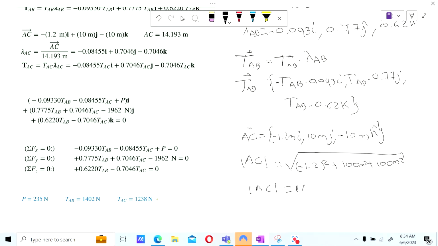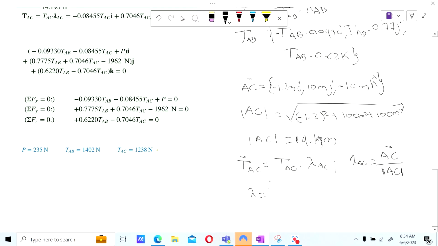Very good. 14.19 meters. All right. So the same thing here. Tension at AC is equal to the magnitude of the tension AC times lambda AC, and lambda AC is equal to the vector AC divided by the magnitude AC.